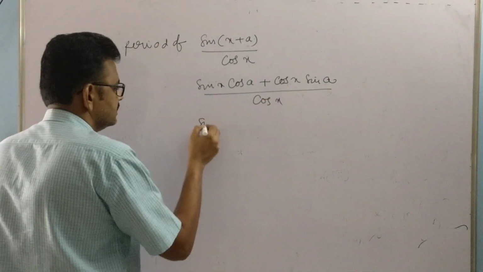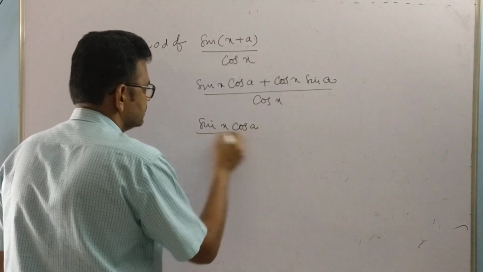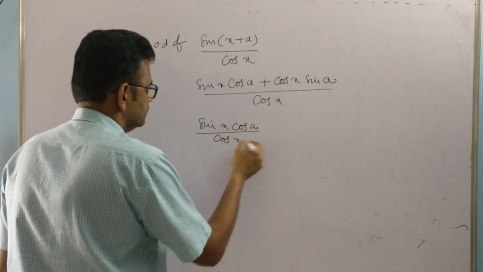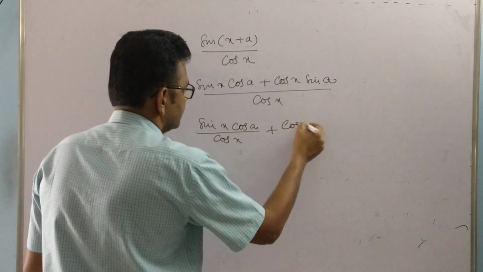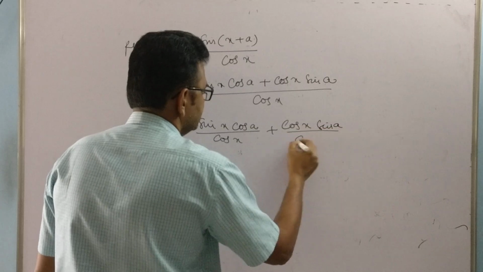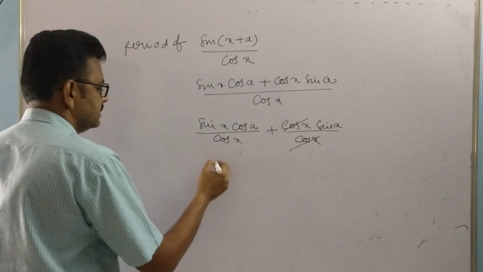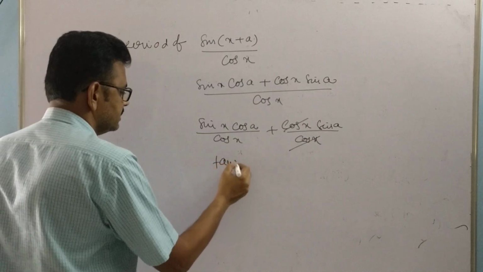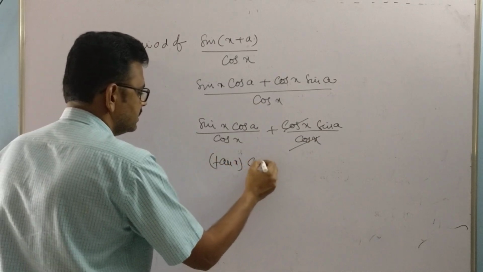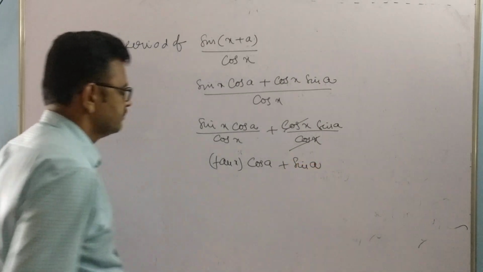So this is sin x into cos a by cos x plus cos x into sin a by cos x. The cos x cancels, so this is tan x into cos a plus sin a.